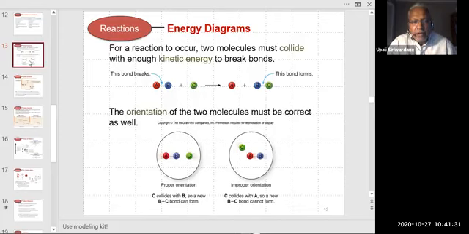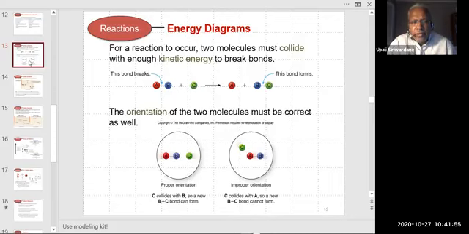When the two reactant molecules collide, they make a transition state where it's neither reactants nor products. It's in the process of changing reactants to products, and this is called the transition state.